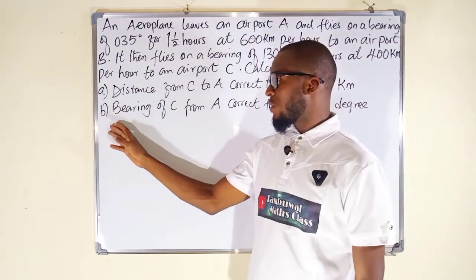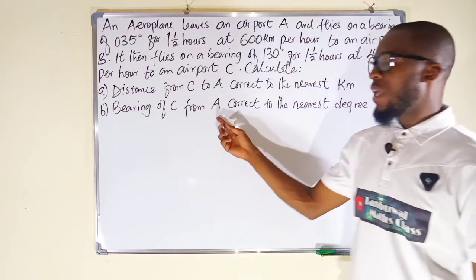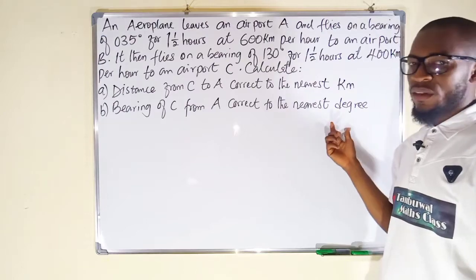And part B says we should calculate the bearing of C from A, correct to the nearest degree.